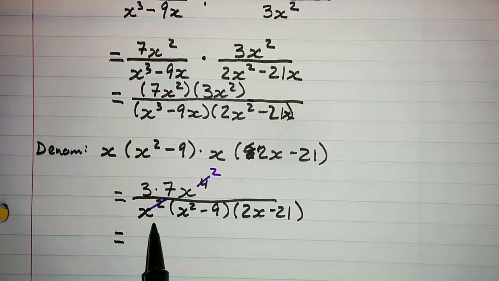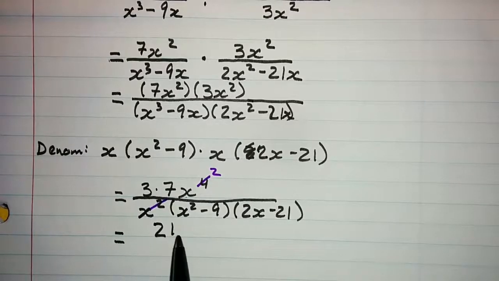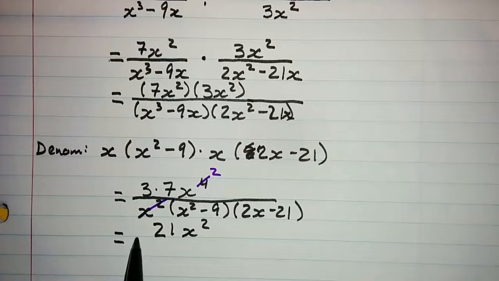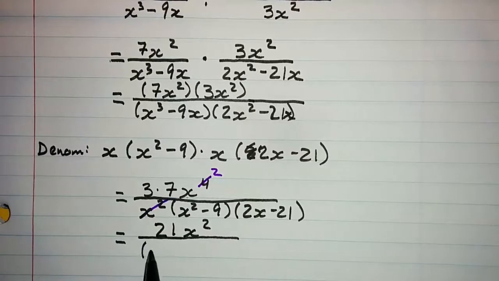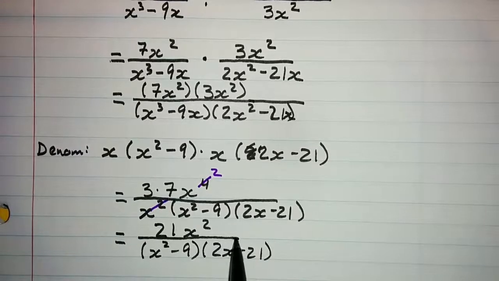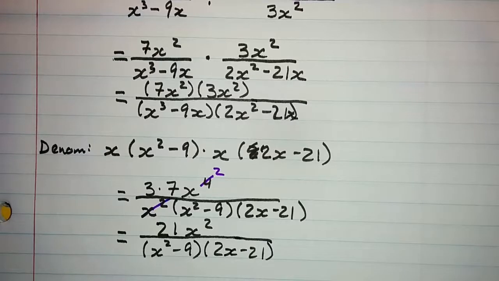It's just 3 times 7 is 21, x squared over x squared minus 9 times 2x minus 21. Again, further factoring the denominator wouldn't do me any good because my numerator has only monomial factors.